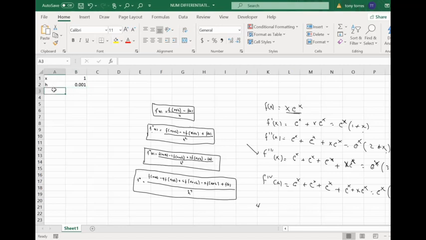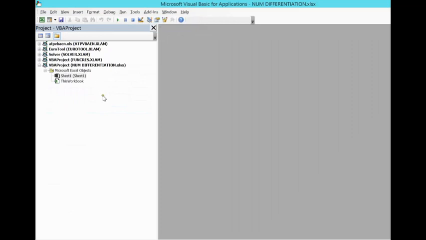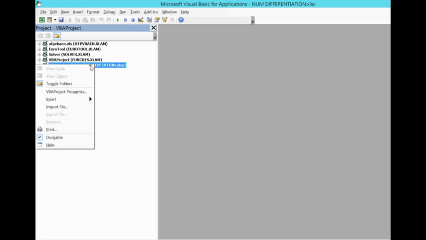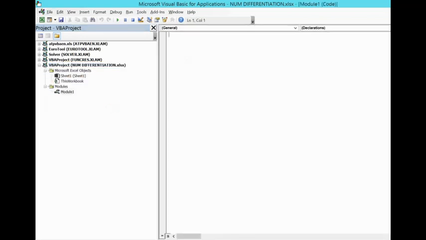I was playing around a little bit with Excel adding a function, and let's see if we can add one here. That function would be f of x, which is this. It makes life easier when we want to punch all this in. So let's go to Developer, Visual Basic, open this, and here we are. Let's right click to insert a module. And here in this module, we'll insert a function.